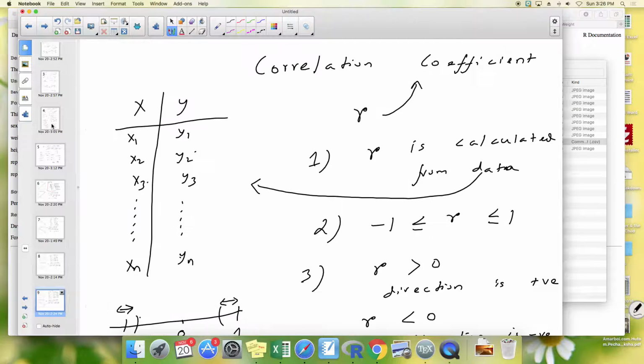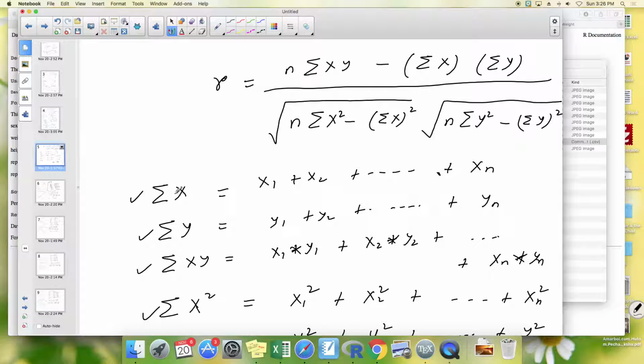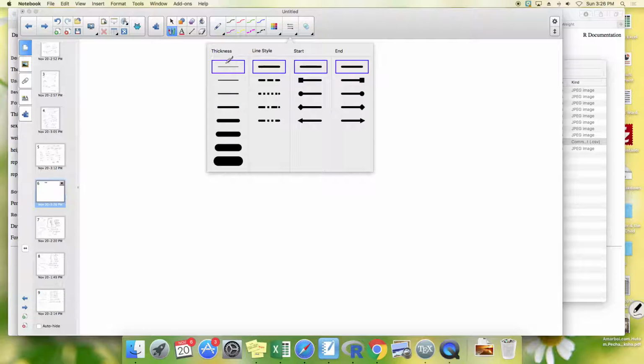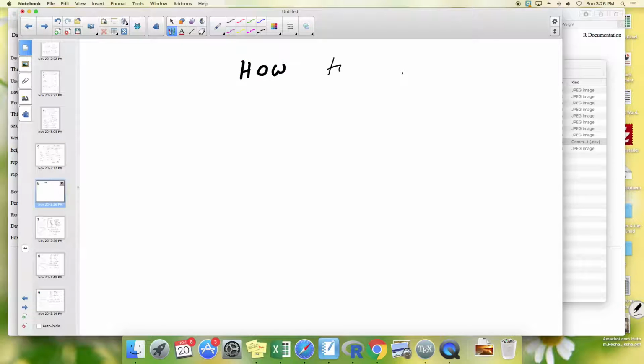Now the next question we should ask is, how to actually fit a line through the data.